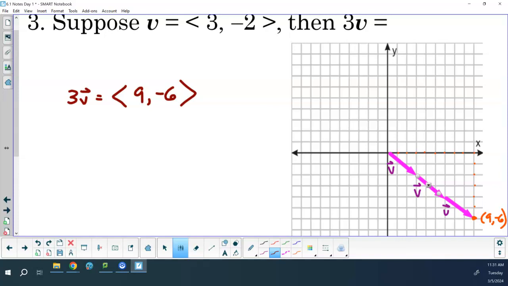Okay. Quicker way. Multiply by 3. Scalar multiplying, distributed property almost, if you will. Just straight up multiplying by 3.